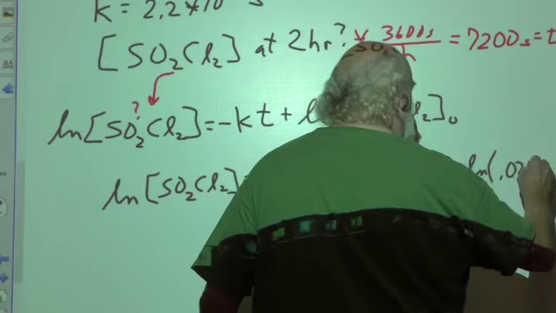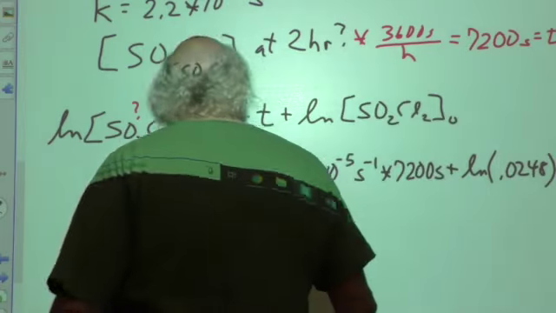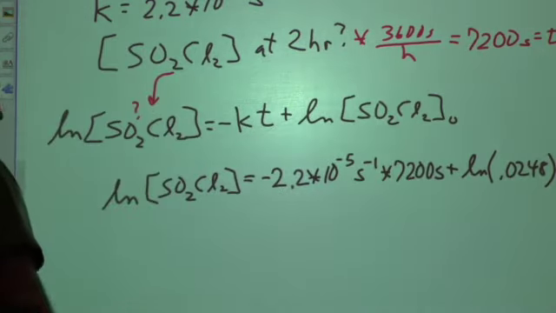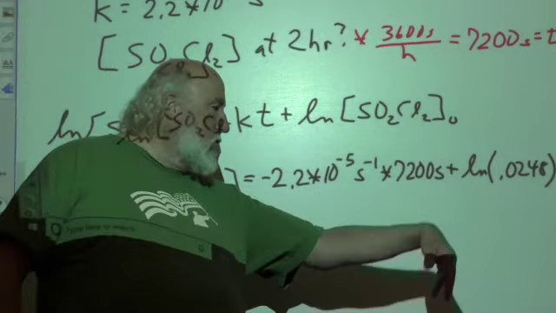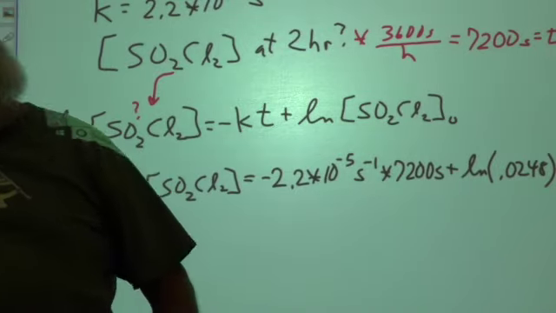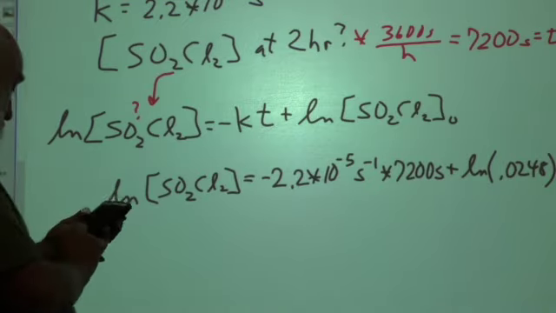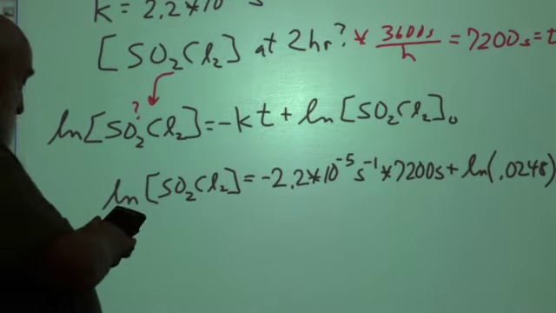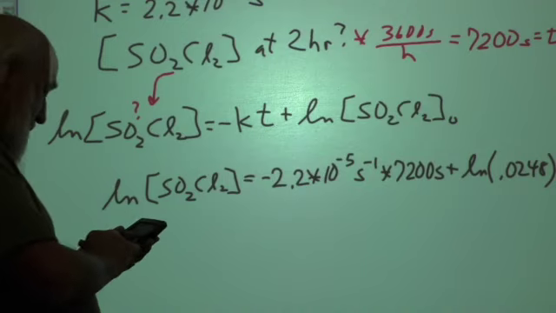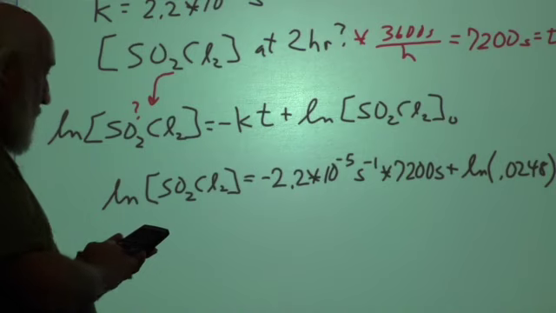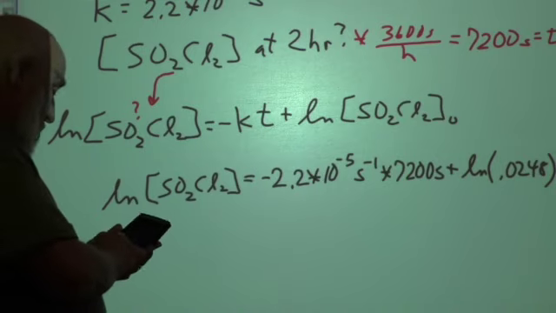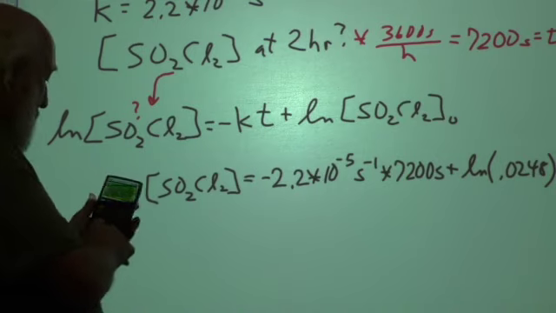So the only unknown is over here, so we ought to just get our calculators and solve that. So negative 2.2 e negative 5 times 7,200 plus the natural log. ln is right below the log button here.